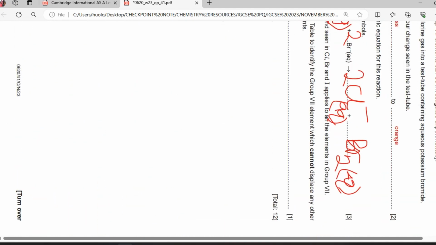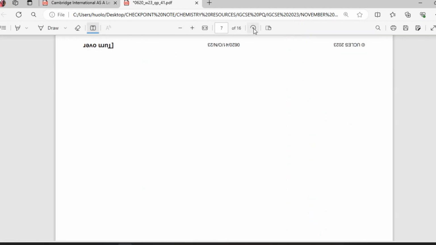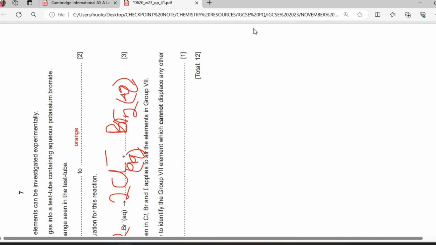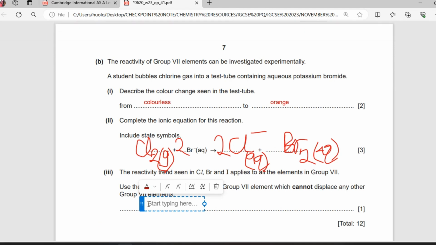Okay, so we go back to our question and pick and write our option. Option has been picked. Okay, so here you are writing Ts or tennessine, whichever way.